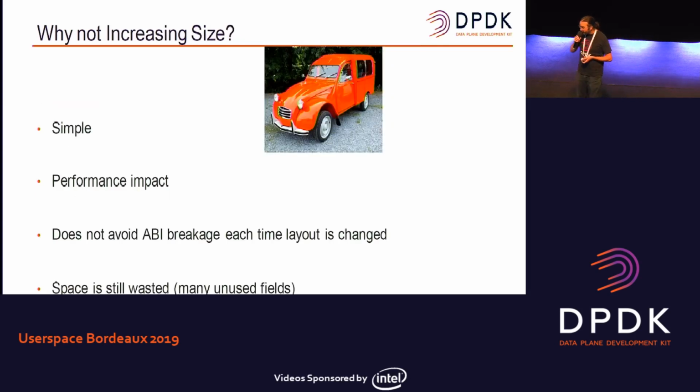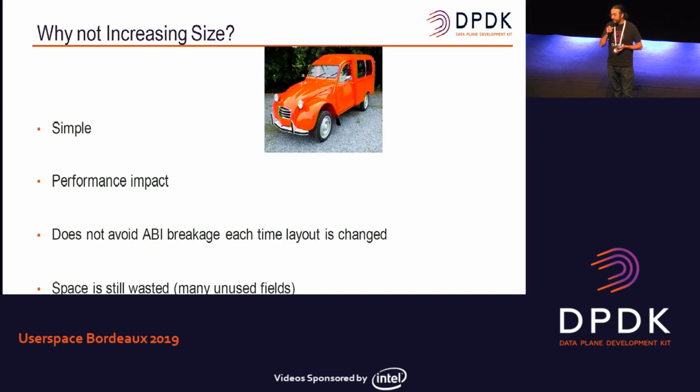Another question is why not just increase the size of the mbuf? Thomas said the current size of the mbuf is 128 bytes. Why not add another cache line? It's simple, but for the same reason of cache locality: if you add another cache line and you want to add a specific field that is filled in the Rx part of the driver, you will have a cache miss and you have to wait and you will lose performance.